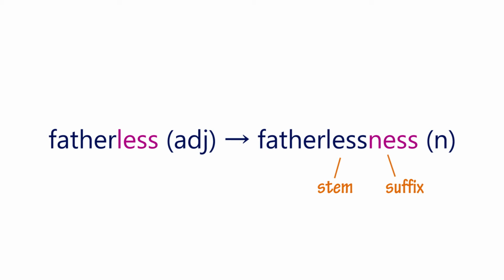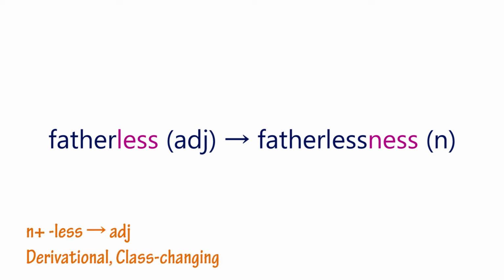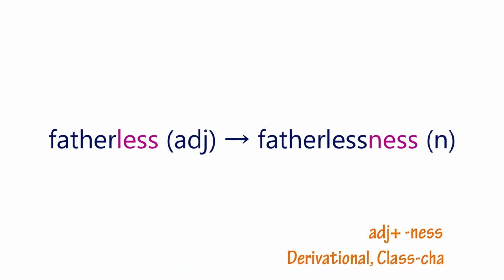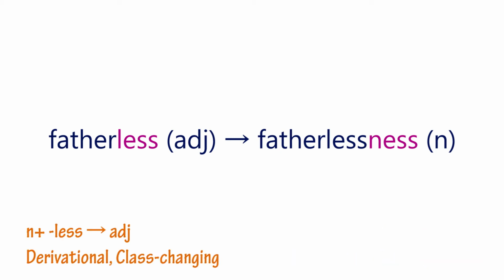So less is an adjective suffix and it's derivational and class changing, and then ness is a noun suffix and it's derivational and class changing. And by noun suffix, I mean a suffix that turns X into a noun. And by adjective suffix, I mean a suffix that turns X into an adjective, X being the word, the stem.